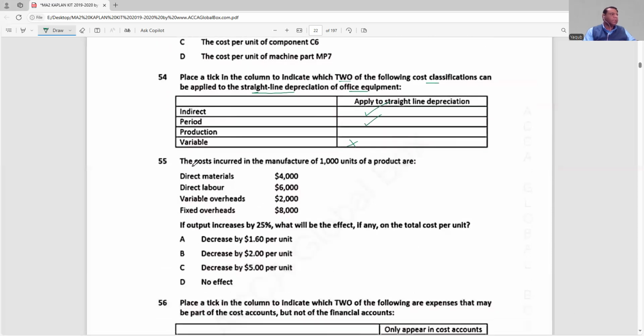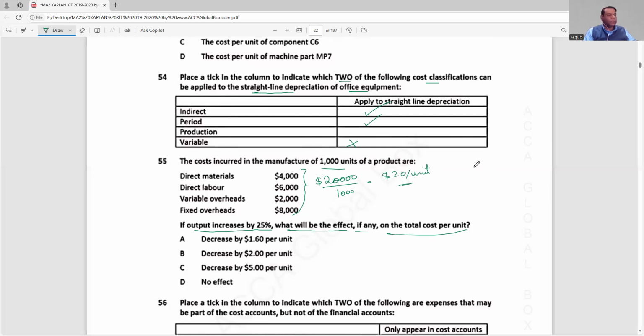Next one: the cost incurred in the manufacture of 1000 units of a product is shown. If output increases by 25%, what will be the effect, if any, on the total cost per unit? Okay, we have 20,000 total cost, currently producing 1000 units. So we have $20 per unit.